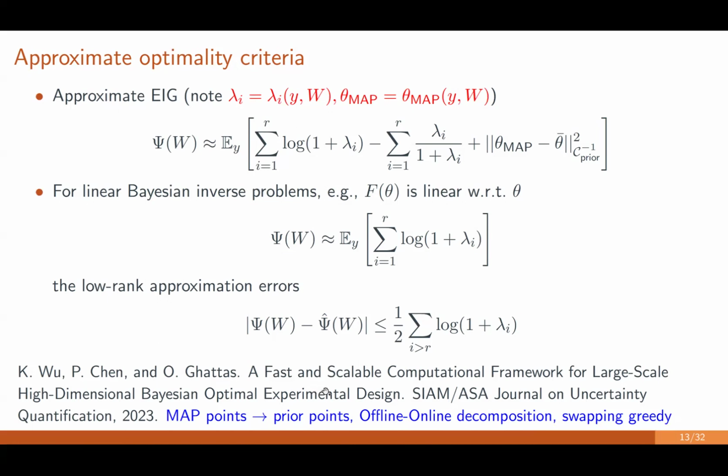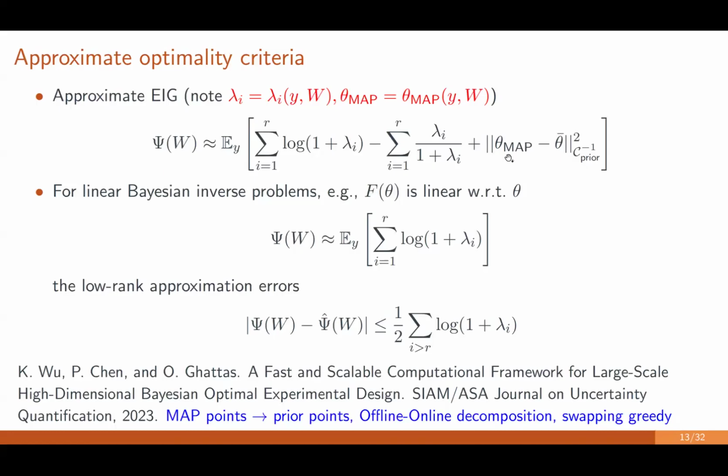So in this paper, we proposed to replace this MAP point simply by the prior points, which generate the data y. As you can imagine, once you have enough observations, enough data with relatively small noise, this MAP point is going to approximate your prior point.